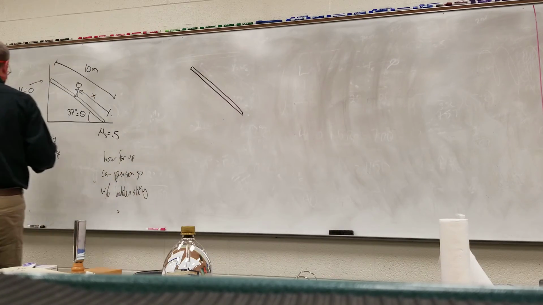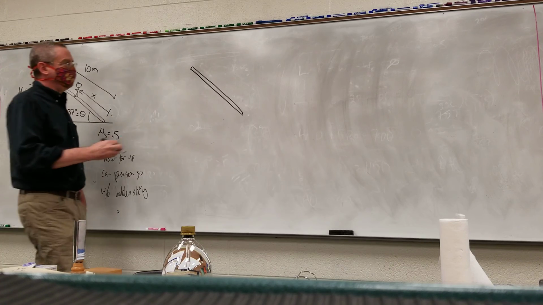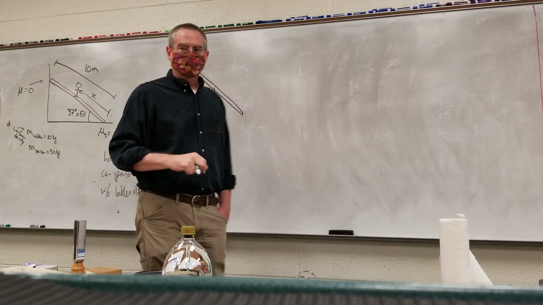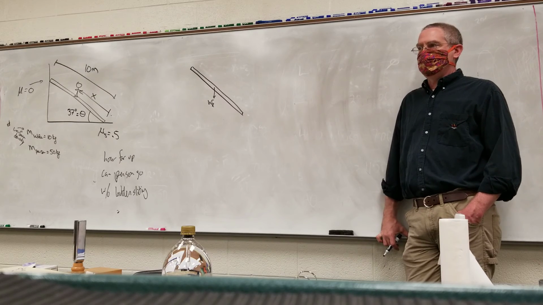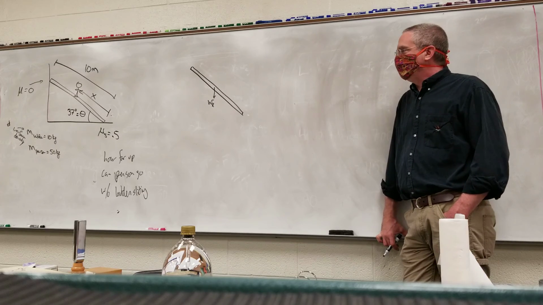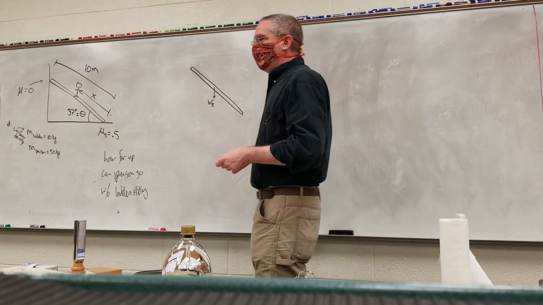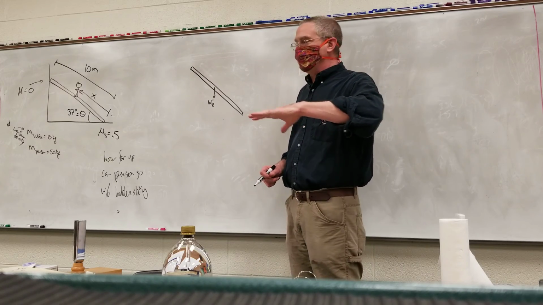Assume ladder is uniform density, or at least close enough so that its weight is acting smack dab in the middle. Weight of ladder. What else? The weight of the person. Similar to before, technically normal force, but it's going to be equal to the weight because the person's just standing there. We assume that the person is moving so slowly that there's no noticeable acceleration for the person.